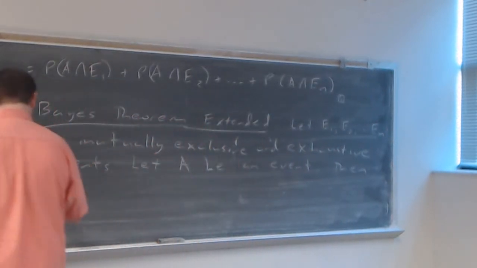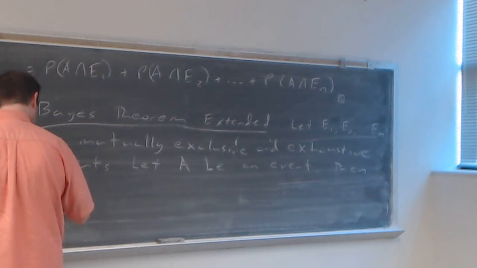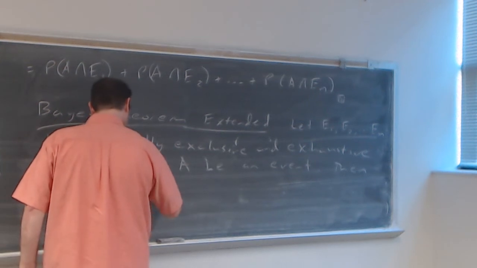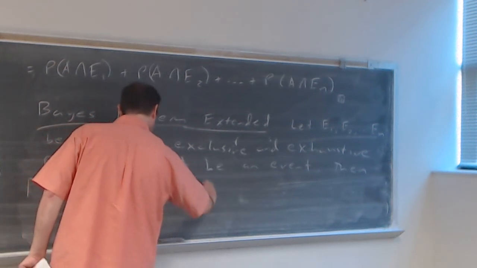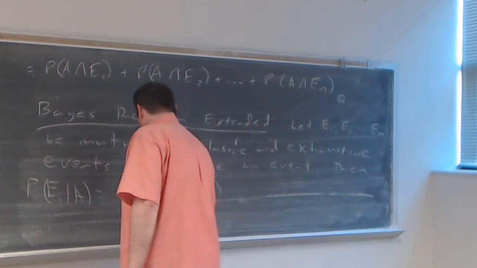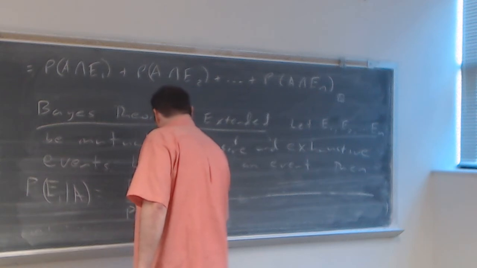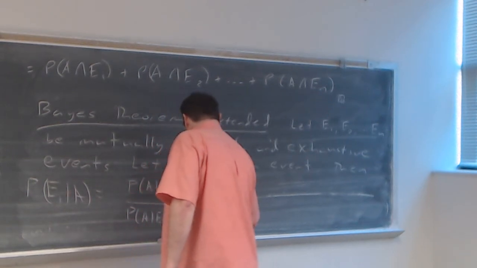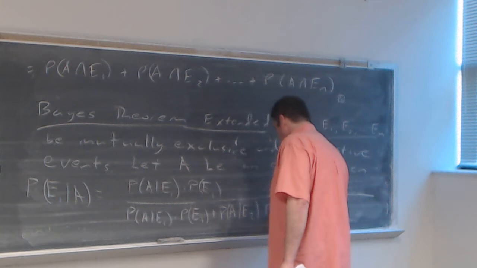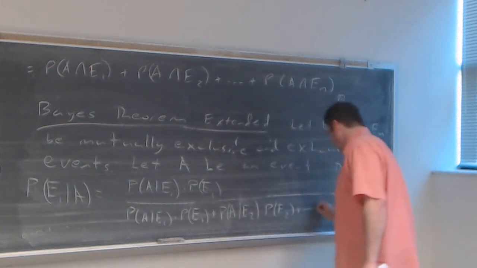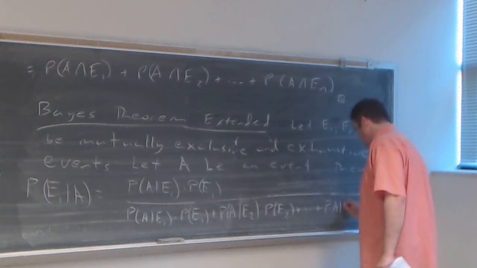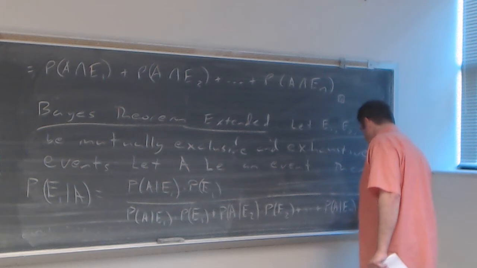the probability of E1 given A is the same thing as the probability of A given E1 times the probability of E1, all over the probability of A given E1 times the probability of E1 plus the probability of A given E2 times the probability of E2 plus, we'll keep on adding till we get to the last term, which is the probability of A given En times the probability of En.